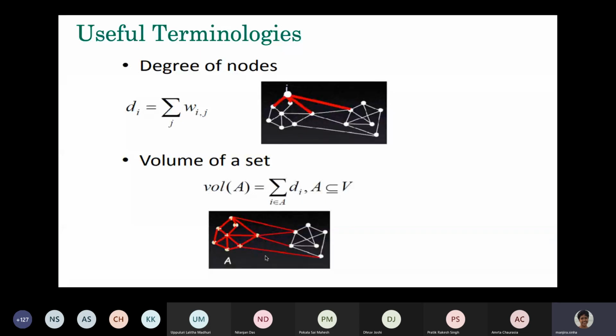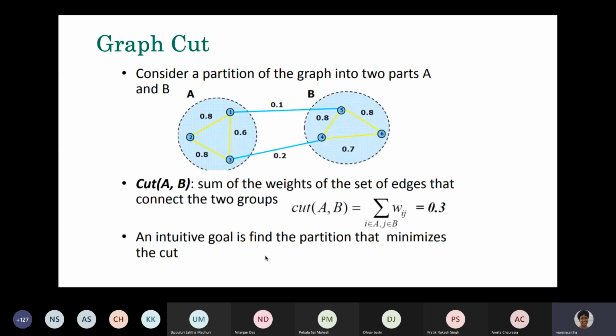Right now we are not separating in-degrees and out-degrees in a directed graph. The volume of a set is the sum of all the degrees of the nodes. Last day we did the exercise and saw that for the volume, all the in-between edges get counted twice and the across edges are counted once.